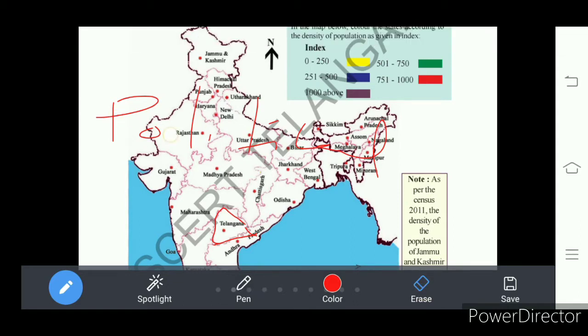Political map is called a thematic map. Why do we call it a thematic map? Because it is showing only one issue, one purpose is shown. It is focusing on one thing. What is that one thing? It is the boundaries of the states.